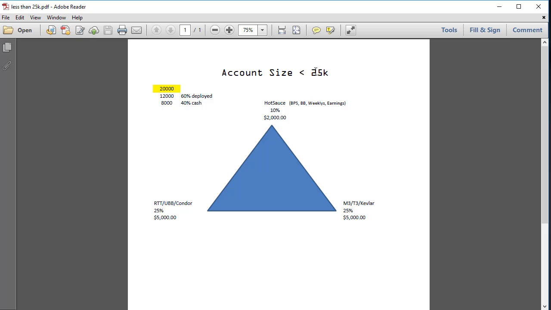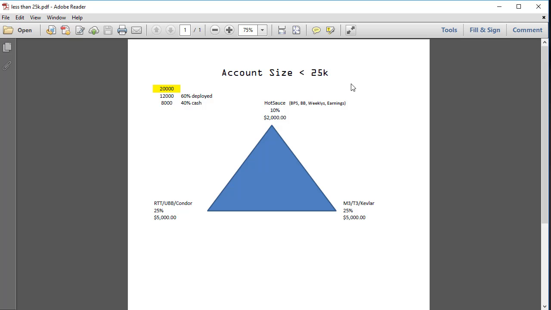If you have an account that's less than $25,000, and again, there's nothing magical about $25,000. It's just an amount that for those traders that I interact with that view this as a hobby, they're probably not going to put more than about 10 or 15,000 into it while they're learning it. It's a hobby. They're curious.